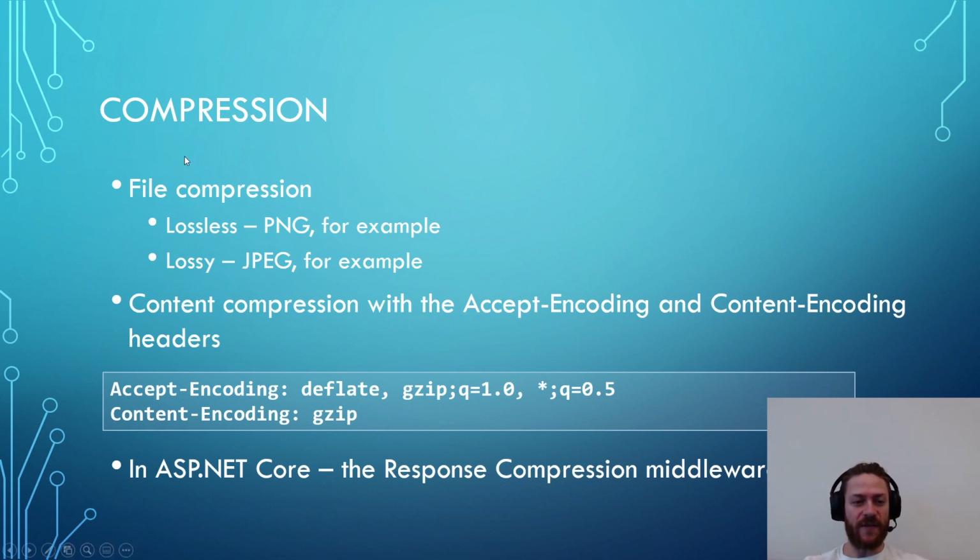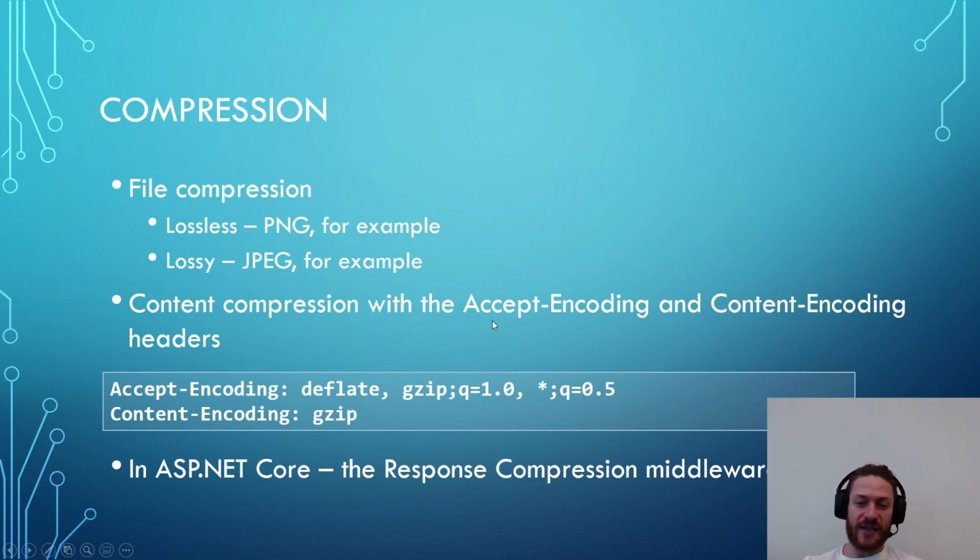First, you can compress the files. For example, PNGs, which compress the files without losing any quality. But you can compress the files by losing some quality, for example JPEGs. So it varies, but you can compress the files. Then you can compress the whole content by different compression algorithms, for example gzip.